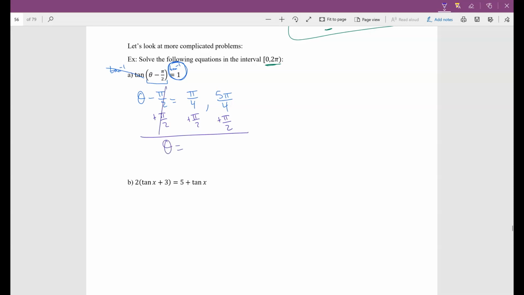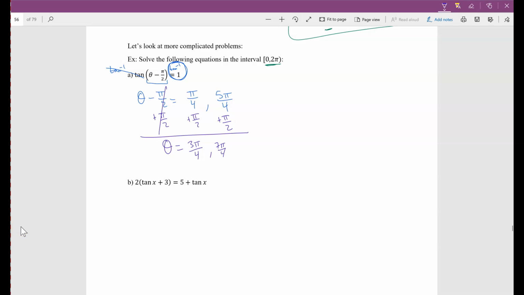I'm going to get theta is equal to, and here's where you're going to use your handy dandy calculator, pi over 4 plus pi over 2. You're going to get 3 pi over 4. And then here you're going to have 5 pi over 4 plus pi over 2. You're going to get 7 pi over 4.